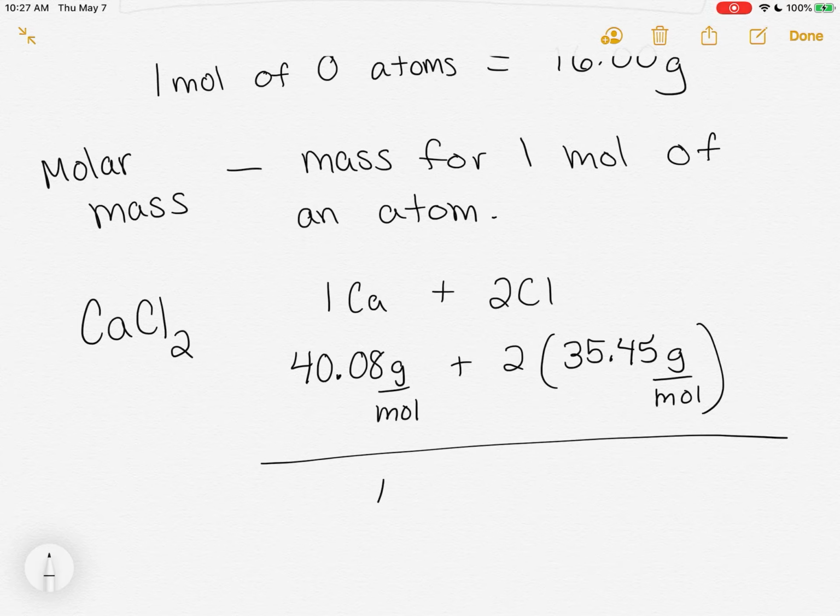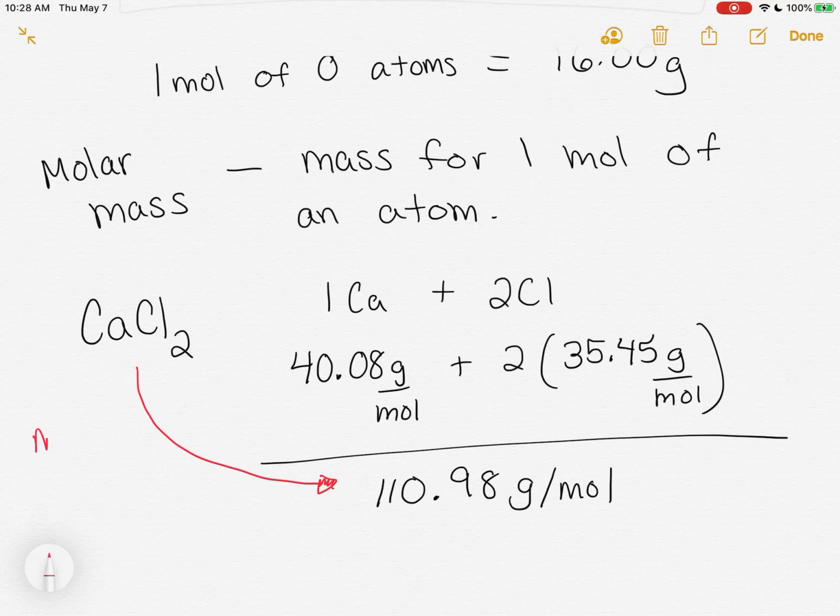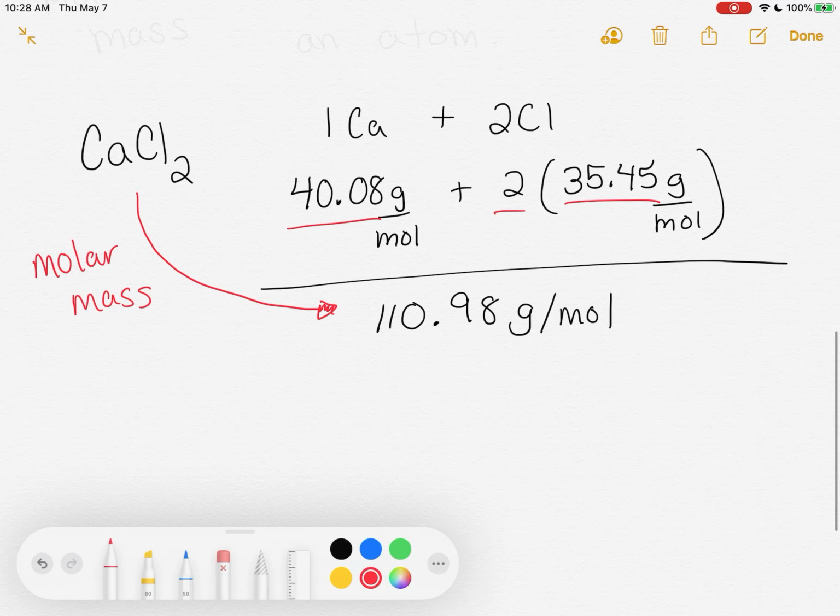If we add those together, we end up with a total molar mass of 110.98 grams per mole. That's the molar mass for our calcium chloride. All we have to do is use the masses from the periodic table and add them up according to how many atoms we have. We used 1 calcium, but there were 2 chlorine atoms in that formula.